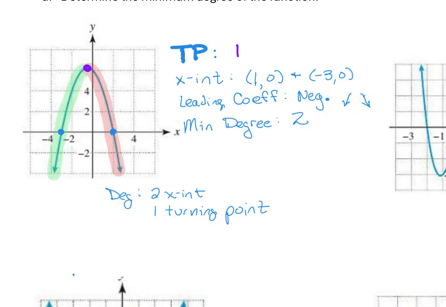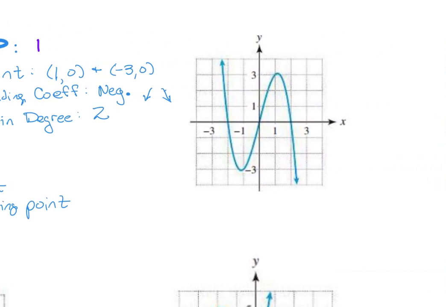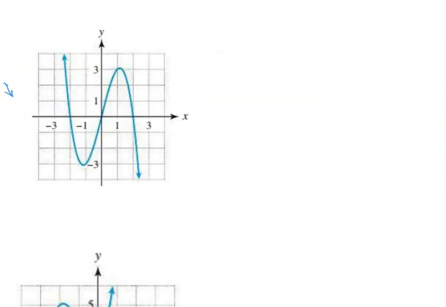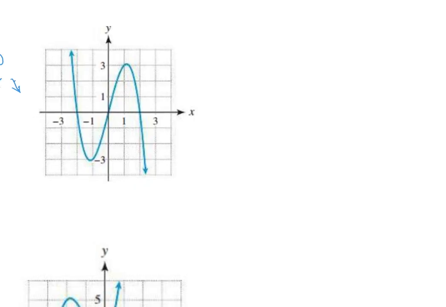All right, let's go ahead and look at a couple more. Let's come over to the second one. All right, we want to start by finding turning points. And so how many turning points do we have? When we look at this graph from left to right, we are starting at the very top.